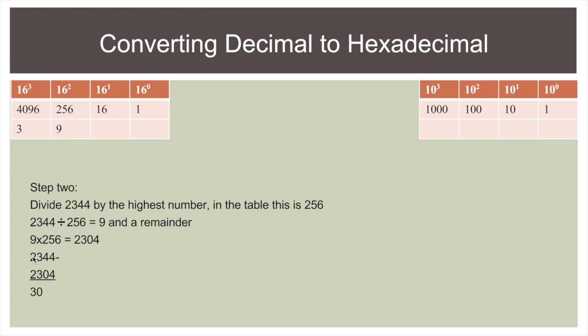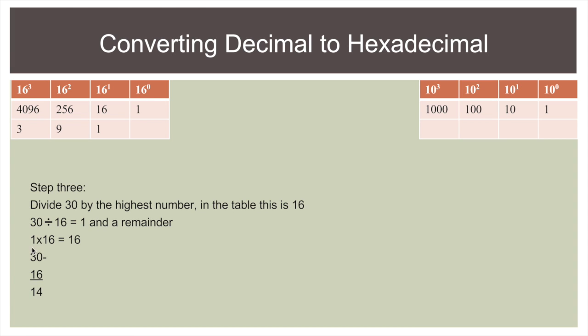And so 2,344, which is our original number, minus 2,304, which is 9 by 256, will equal our remainder 40. Then we divide 40 by the next highest number, which would be 16. So 40 divided by 16 is 2, and the remainder, 2 by 16 is 32, 40 minus 32 is 8. And then we work out what 8 divided by 1 is, which is obviously going to be 8. Convert that to a hexadecimal digit, which is 8.